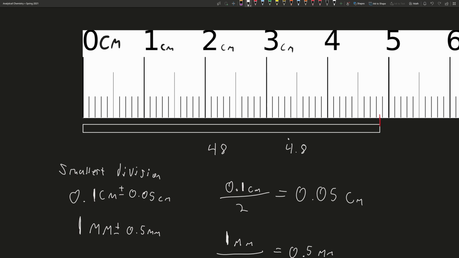So at this point, we're not done. Remember, whenever we record any measurement on any sort of device, we always want to make a guess about that last digit. At this point, we know it's 48. We know for a fact it's 48, and that it's 4.8 associated. We know 100% it's one of those values.